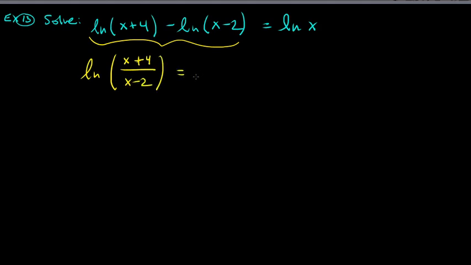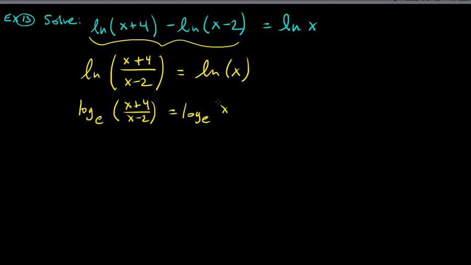Right? And that's still equal to the natural log of x. Notice that it's the same log on both sides. They're both base e. You can write it that way, right? Log base e of x plus 4 over x minus 2 equals log base e of just x.